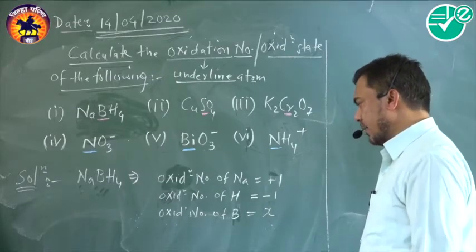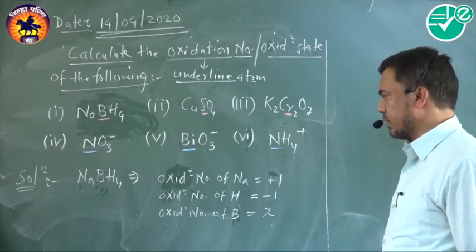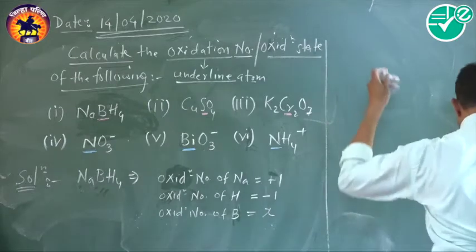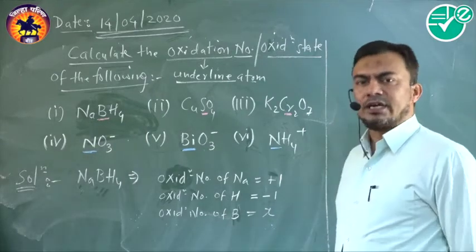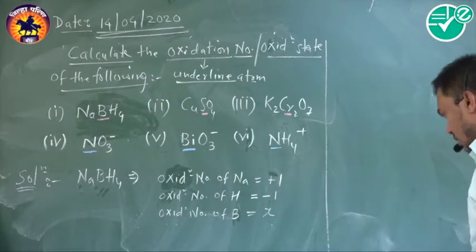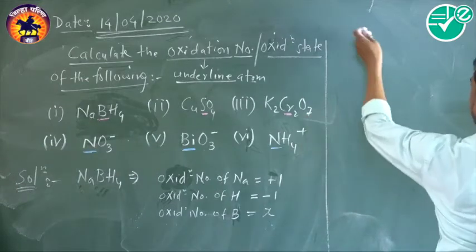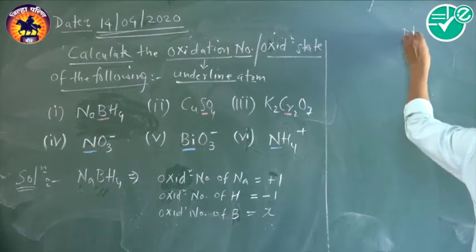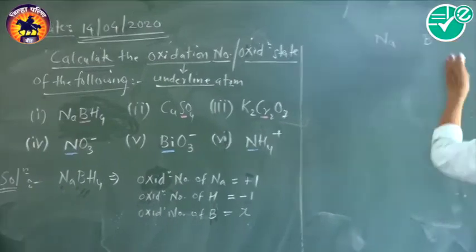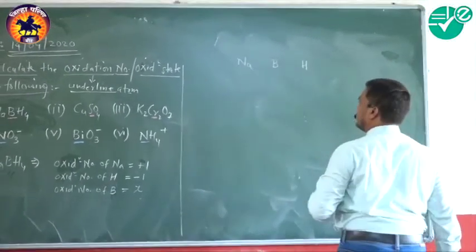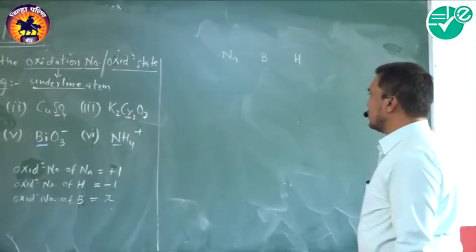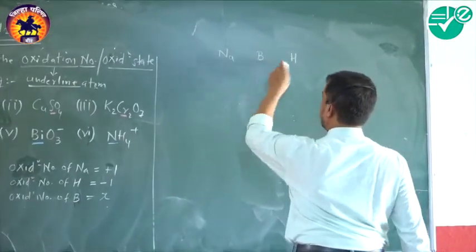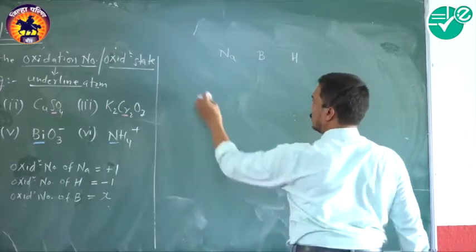So we begin to calculate the oxidation number. There are different alternative methods that can be adopted. To calculate the oxidation number of boron, first of all we have to separate the atoms of the elements. We have 3 elements: sodium, boron and hydrogen.